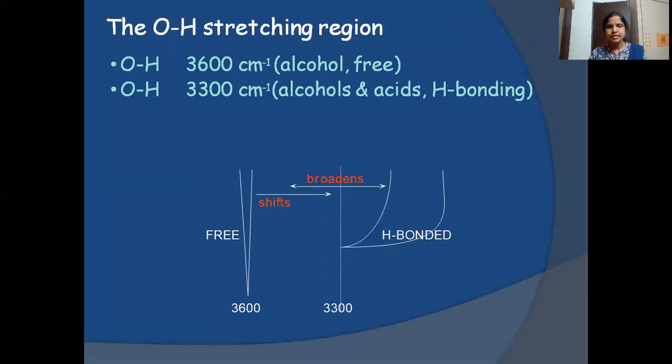When bond strength decreases, automatically vibrational frequency also decreases, because vibrational frequency is directly proportional to the force constant. So in alcohols and acids, we come across a decrease in the vibrational frequency around 3300, which is a broad band because of the hydrogen bonding.